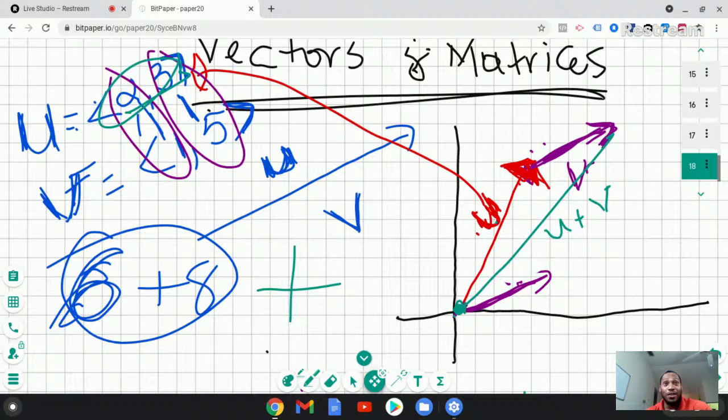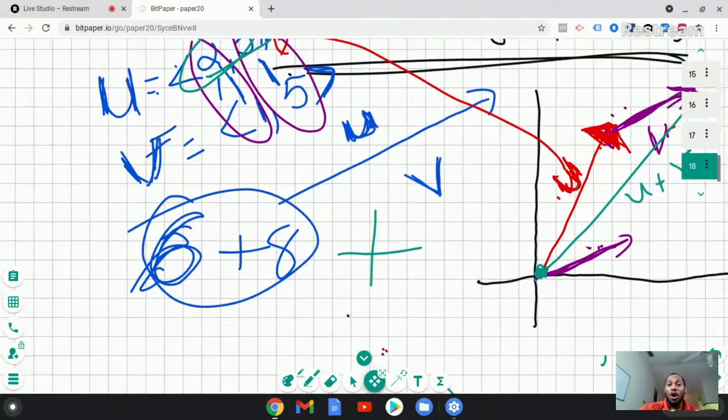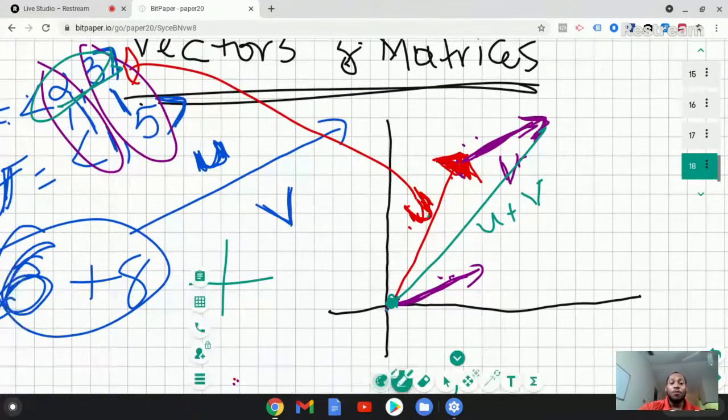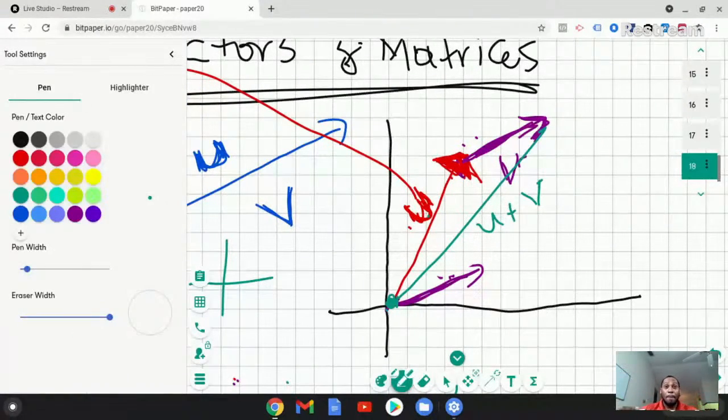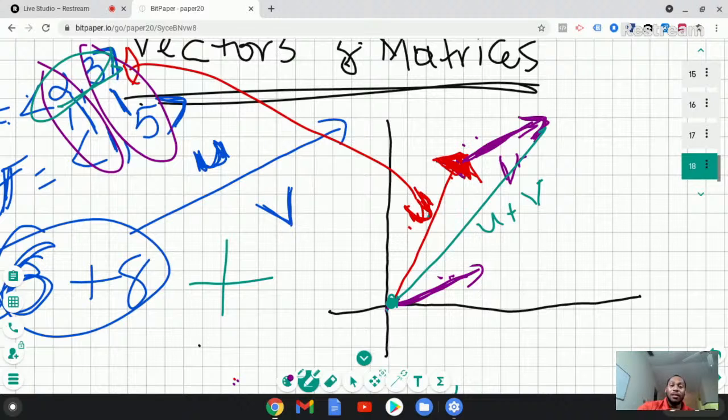You see how vector v here was going from left to right this way. If we want a vector that's negative v, all we have to do is draw a vector of the same magnitude going in the different direction. It's going in the opposite direction of this, but it's still at the same angle.